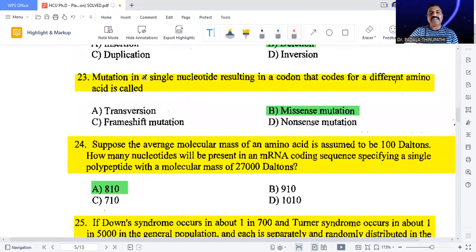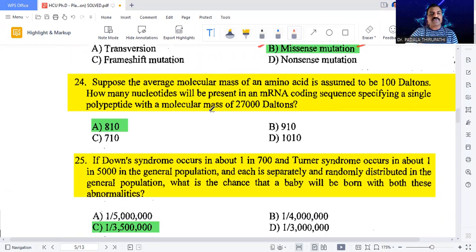Next question. Mutation in a single nucleotide resulting in a codon that codes for a different amino acid is called missense mutation. Okay, a single nucleotide mutation resulting in a codon that codes for a different amino acid we call missense mutation. Then 24th question.